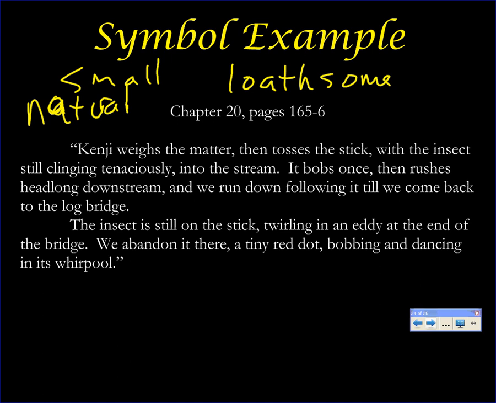Good. Description here. We notice that it's red, a tiny red dot. We notice that it's tiny. Any other description that we see here? It clings tenaciously. So that's part of what it does and part of how it's described. So it's clinging, it's tiny, and there might be some other description on the previous page.